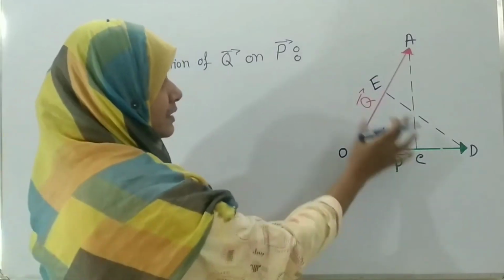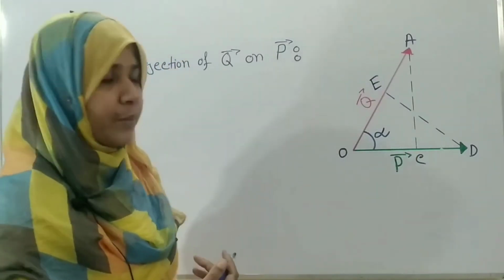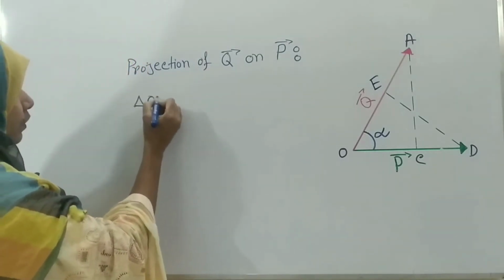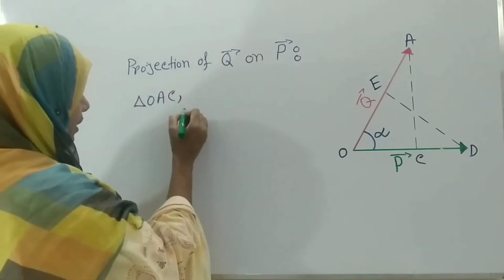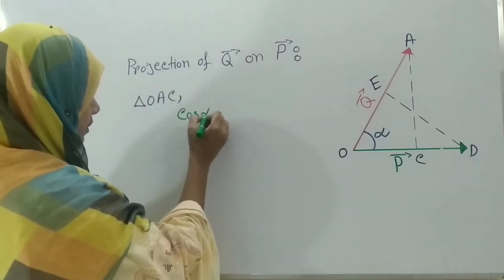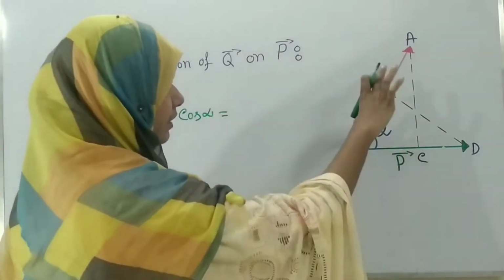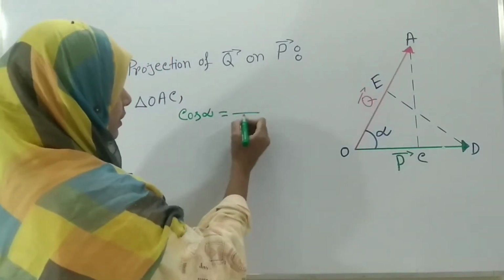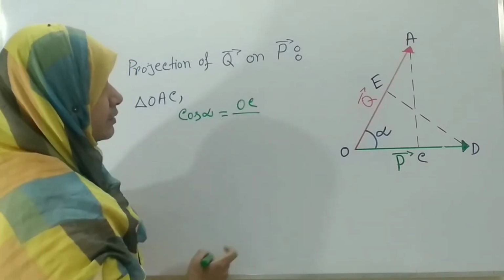In this triangle, if we apply the cos formula or cos component formula, we can write that in triangle OAC, cos alpha equals base by hypotenuse. So OC is base, OC by hypotenuse means OA.